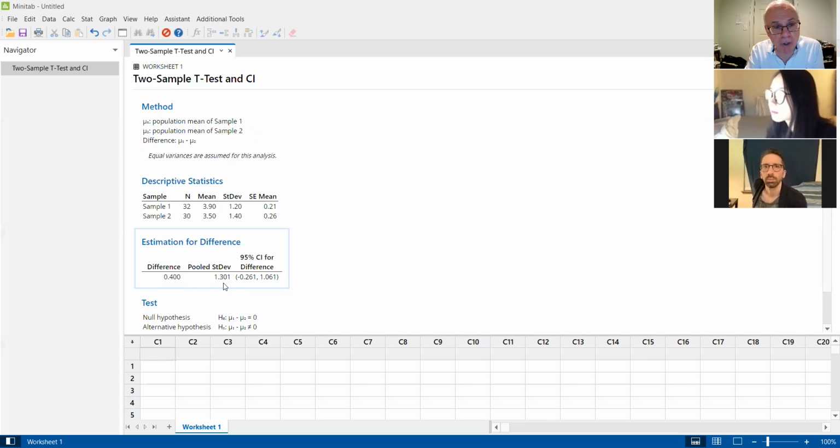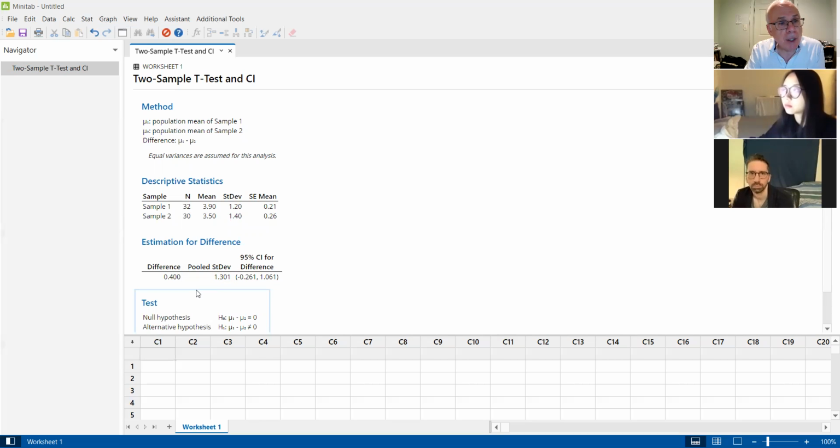I see why it asks for the confidence interval, because it will give us the middle piece as a confidence interval. Now, the difference in the sample means is given here. That's 3.9 minus 3.54. That's where they get that from. And this is the pooled standard deviation.